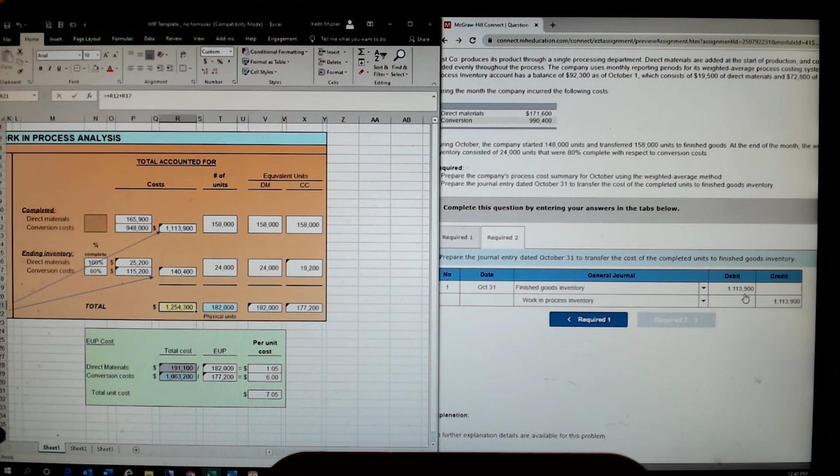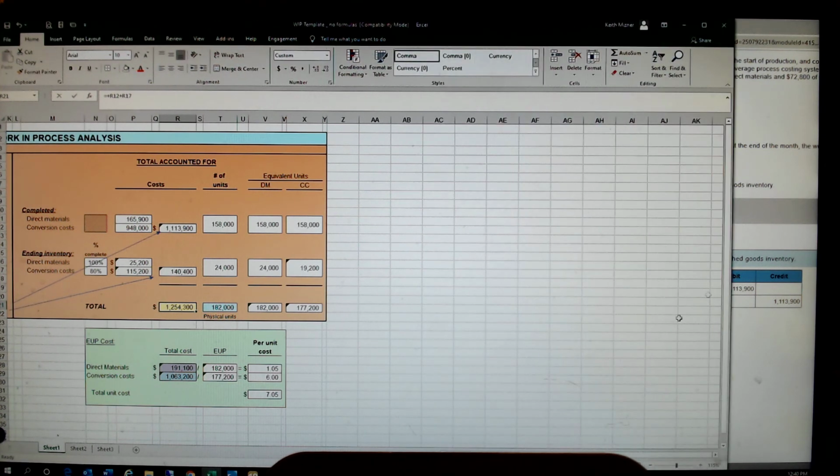And we're going to debit what? Well, we're going to debit wherever they're going. And since this problem said it was a single processing department, I'm the only processing department. When it leaves here, it goes to finished goods. Yeah, there it is. Again, that's how it's done.